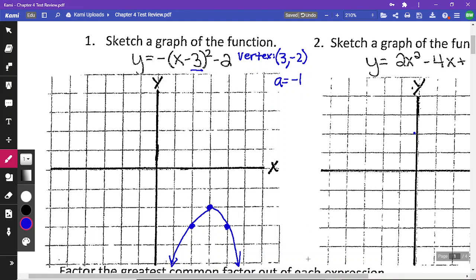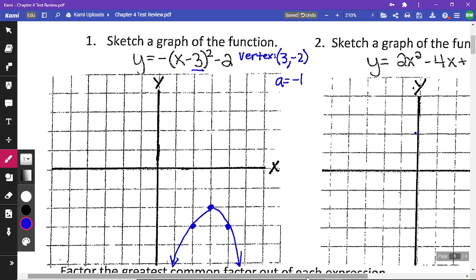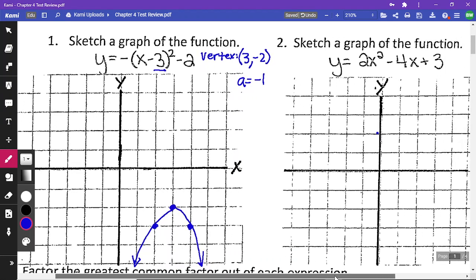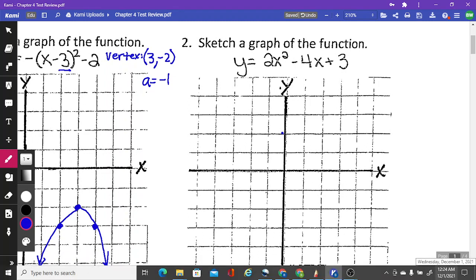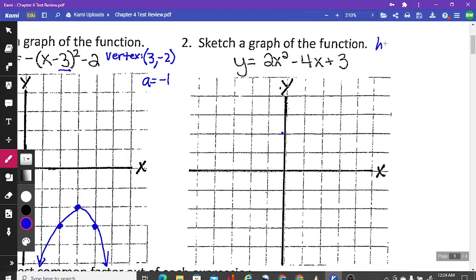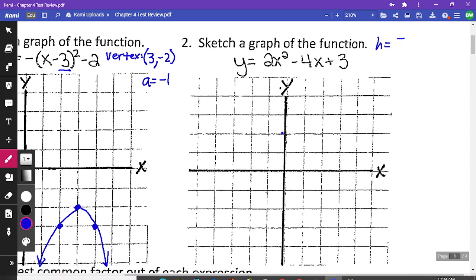And it is not in vertex form, right? This one is in standard form. So it's a little more work. To find the vertex, we have to first find the x-coordinate of the vertex. We will call that h, and the way to find it is negative b over 2a.